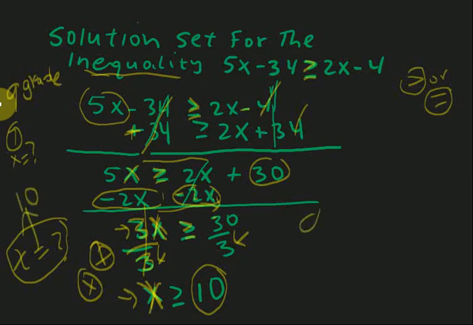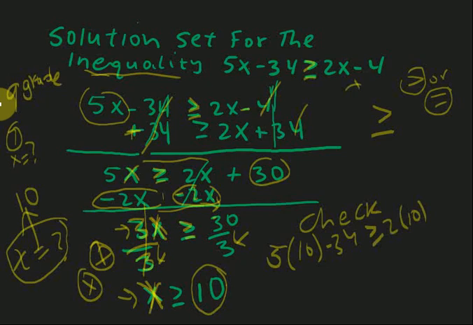So let's check now our solution, whether it's greater or equal. What do we have there? 5x, 5 times x, we have 10. We multiply 10, minus 34, is greater than or equal to 2 times 10 minus 4.